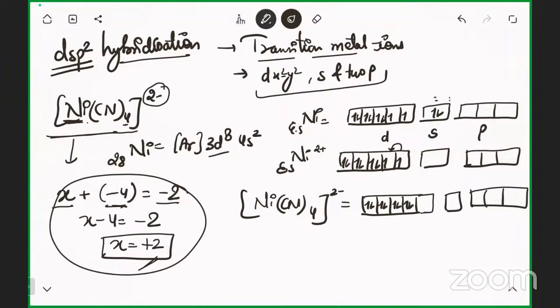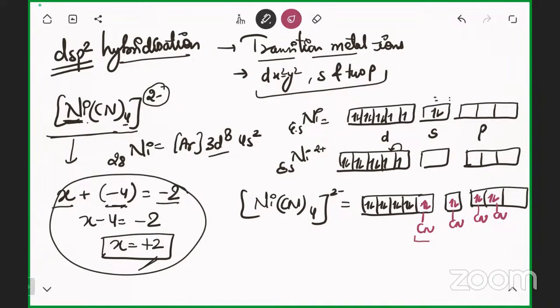And you can see 5 places are empty I have. And CN negative. Now CN will put its electron here, here, here, and here. Because 4 CN is there. So 1 CN, 1 CN, 1 CN, and 1 CN.